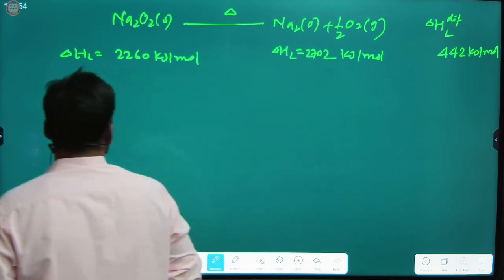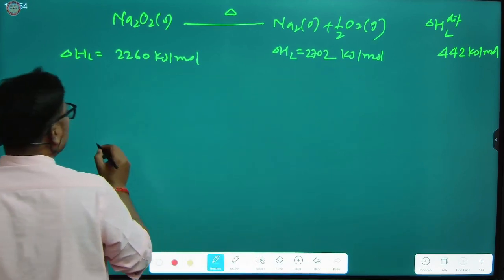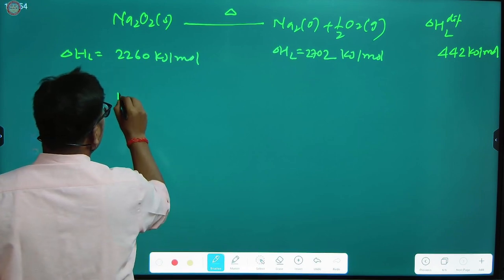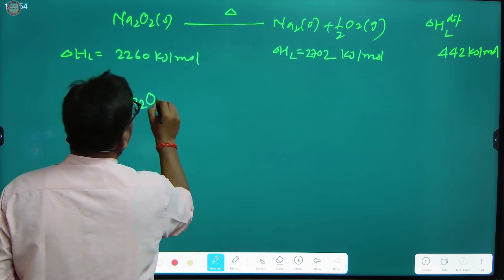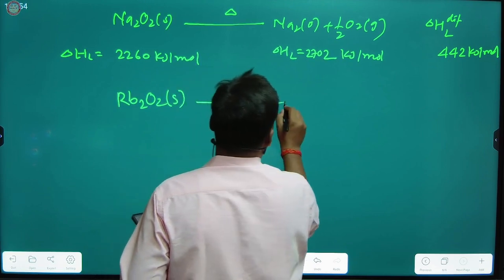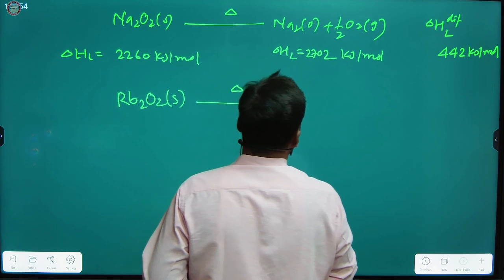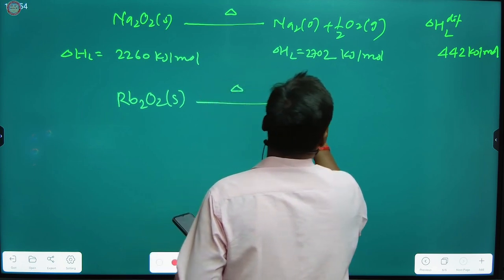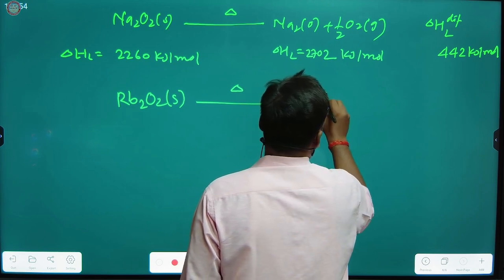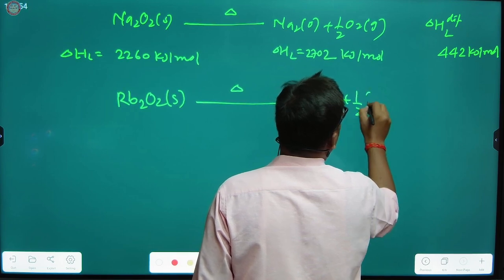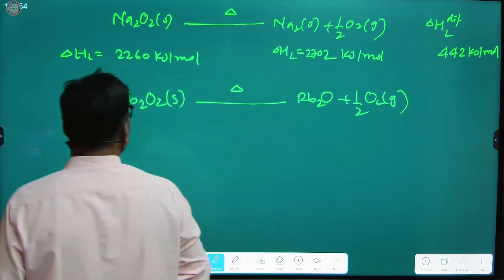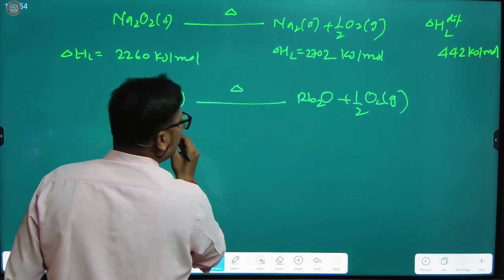But once we move from sodium onwards, suppose potassium, like rubidium, in case of Rb2O2 in solid state, once it is heated, thermal decomposition takes place with the formation of rubidium monoxide plus oxygen gas, right? So what is the lattice enthalpy in this case?